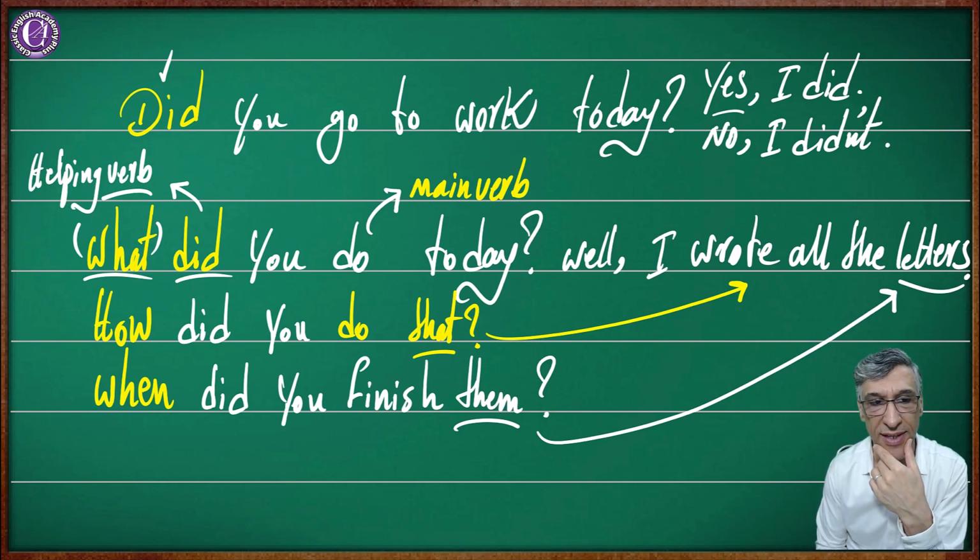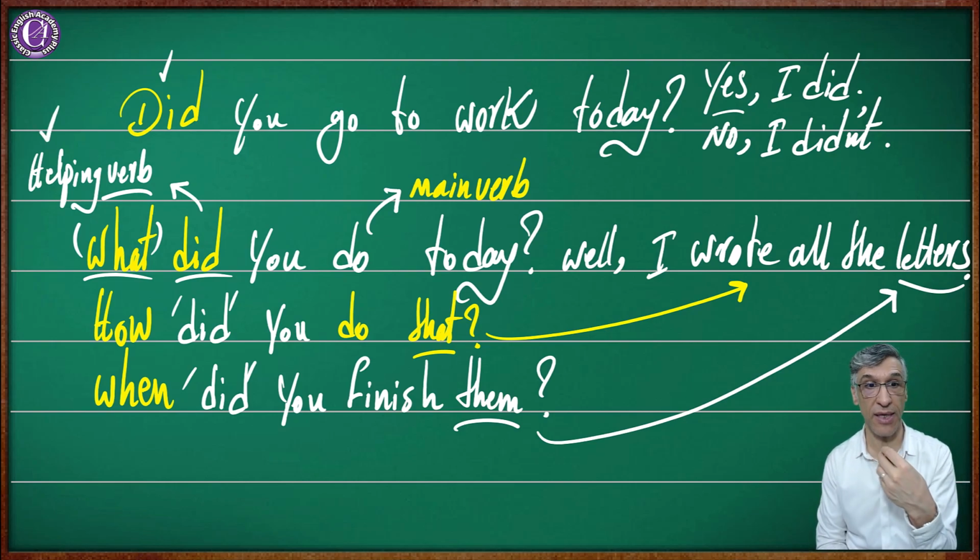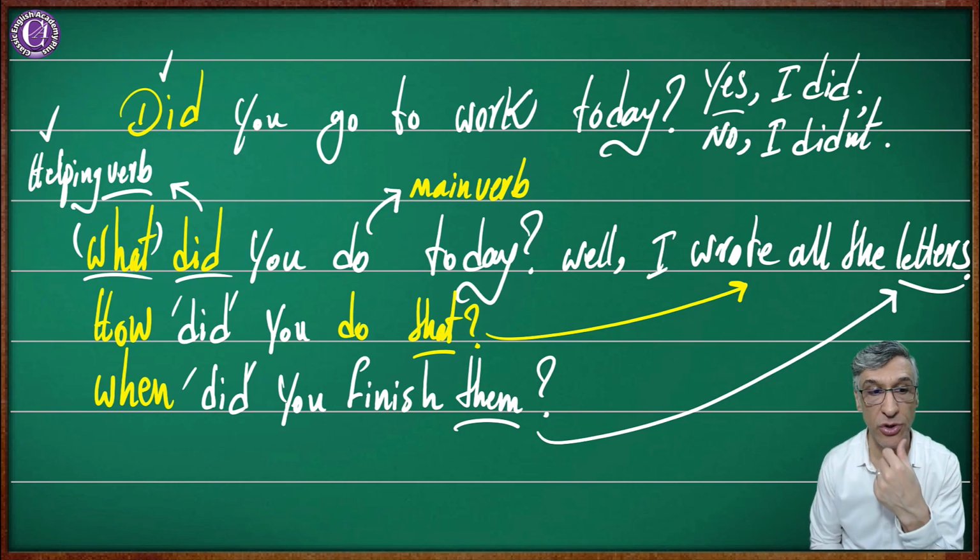Okay, here we can make simple questions with did. Do you remember? When we want to make a question, we need a helping verb to make our simple sentence into a question form. And then we have another question form. It is the WH question. Sometimes the W and H is in a different shape. In fact, we say how.